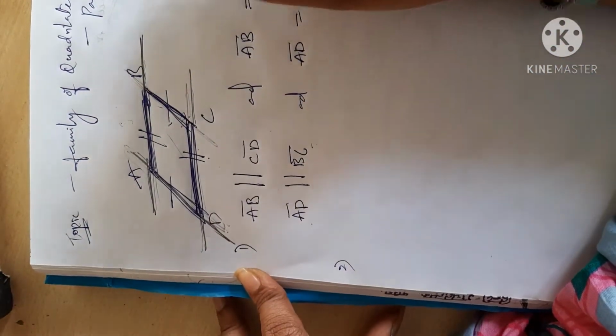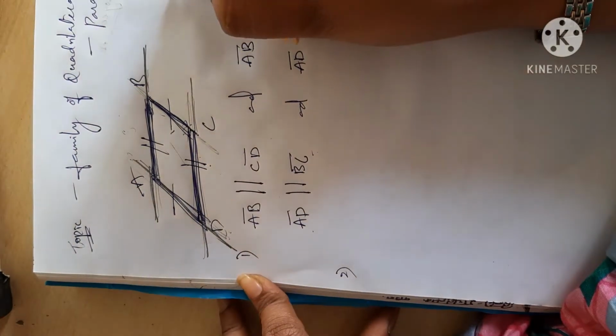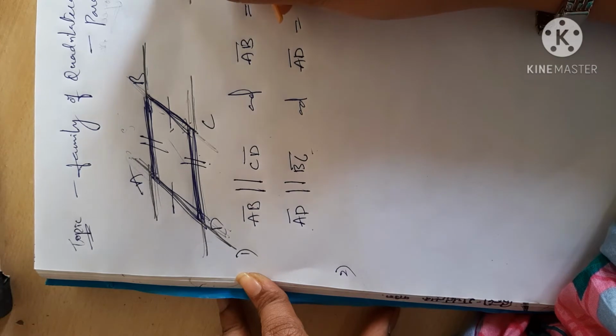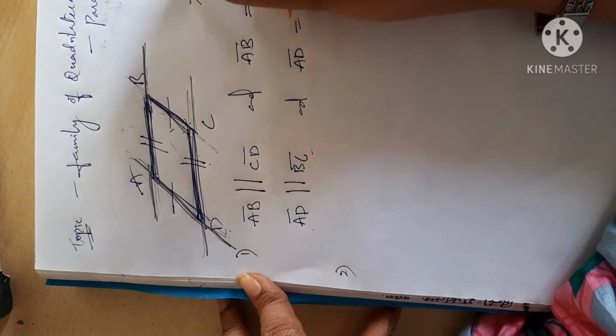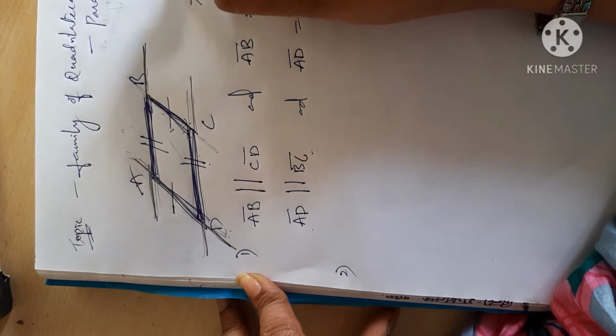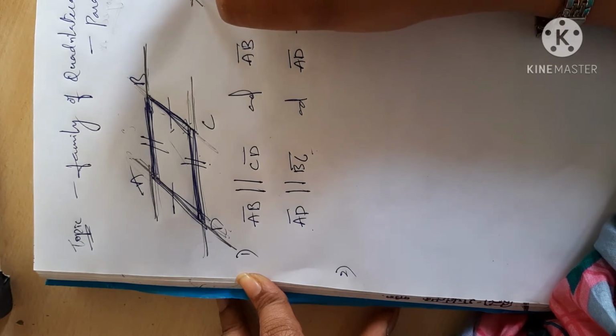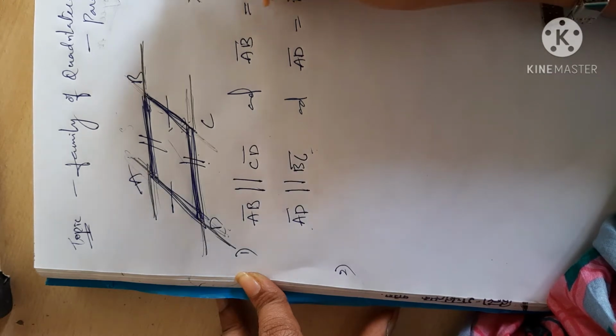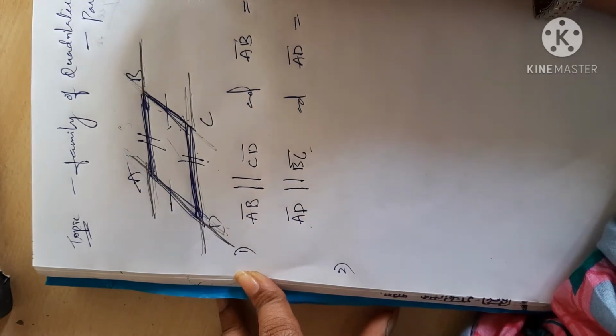When I was explaining trapezium, if I extend these, the two become parallel and it is a transversal. The sum of the interior angles on one side of a transversal is supplementary. These two are supplementary, means 180. The sum of these two is 180. And if I extend like this also, these two are also supplementary, but they are not parallel.